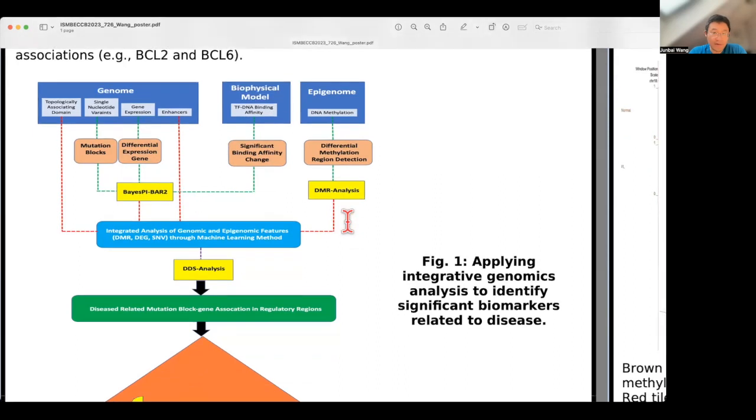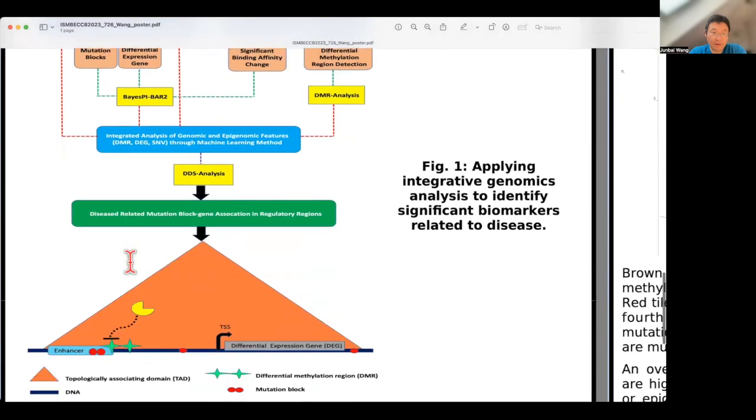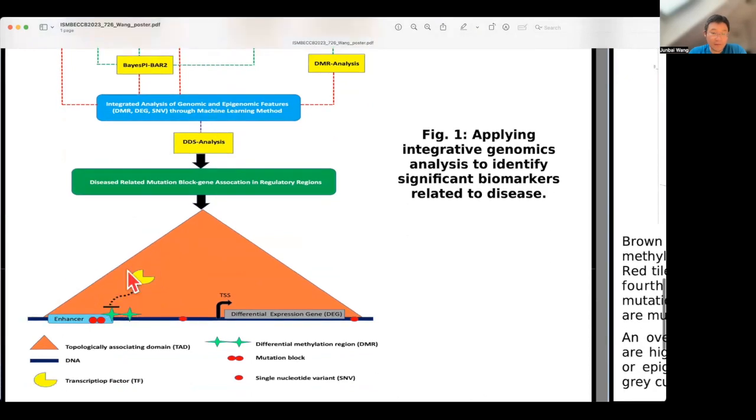Then, with all the information combined together in another integral method, the DDS method, combining the differential methylation, differential expression, gene expression, and the mutation information and the mutation frequency across patients, we try to predict the functional mutation blocks which may affect transcription factor binding and the target dysregulation in the cancers.